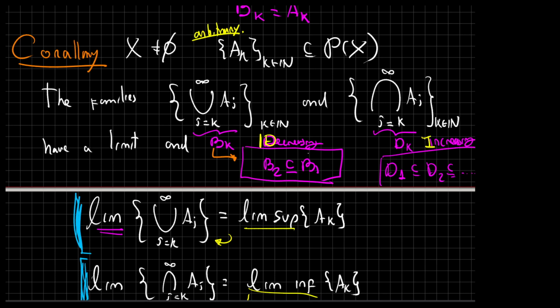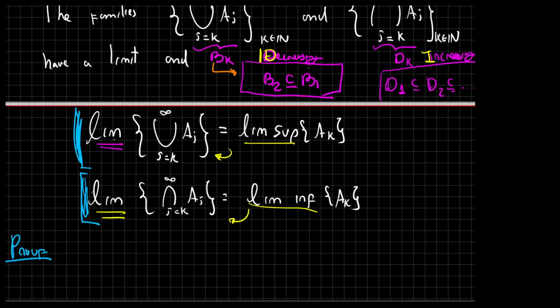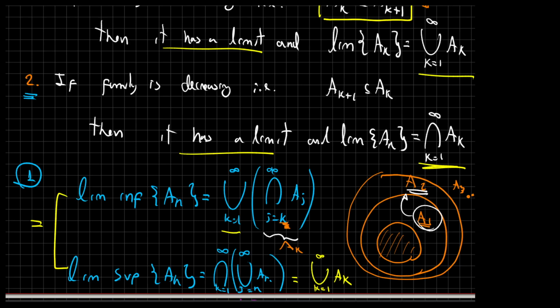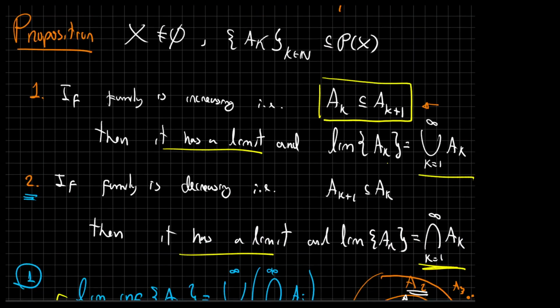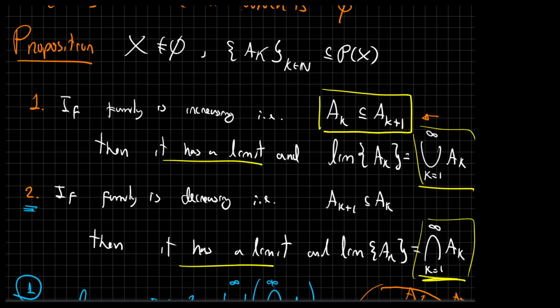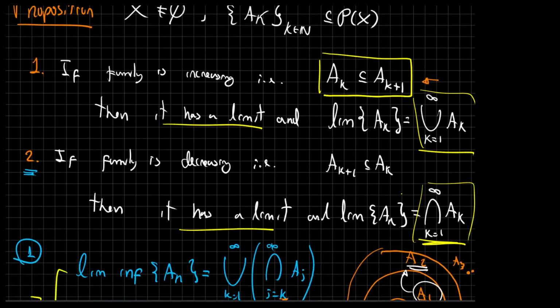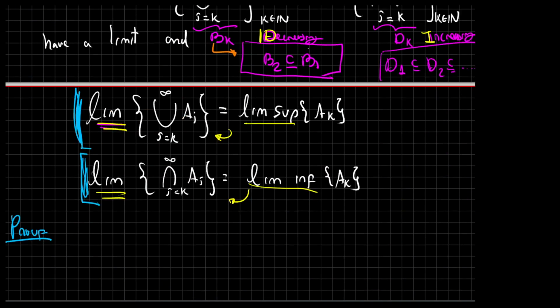So since they are decreasing and increasing sequences, those limits are well defined by the proposition that we just proved. And so we also have a way to know what that limit is. In the case of increasing limits, it's the union of everything, and for decreasing it is the intersection.